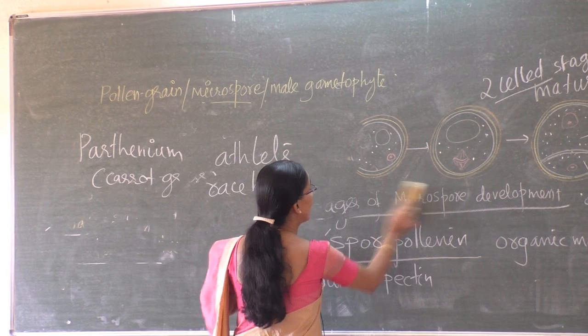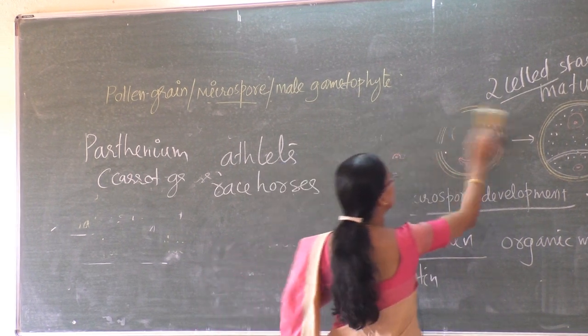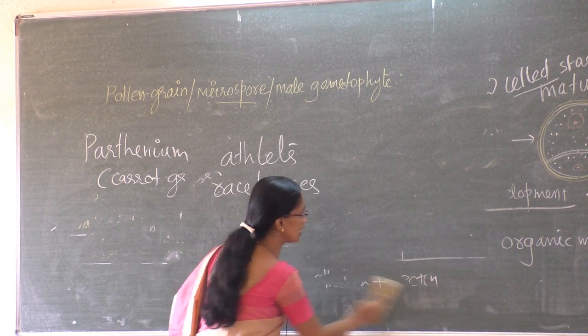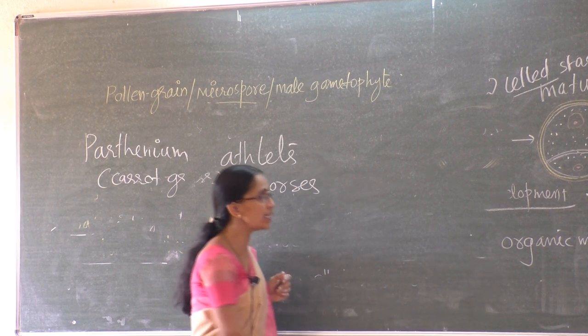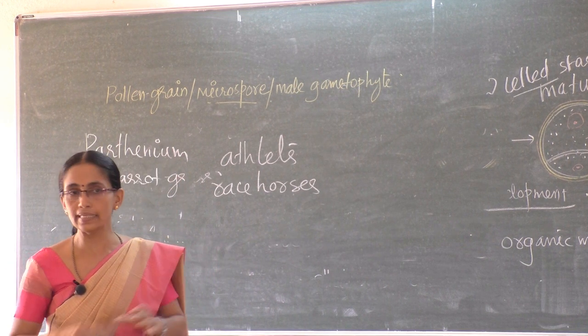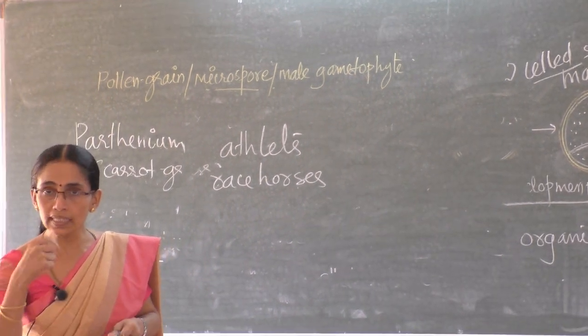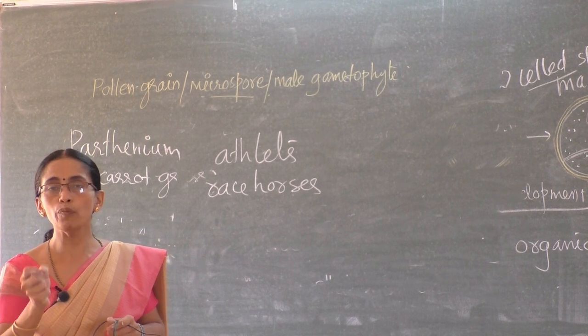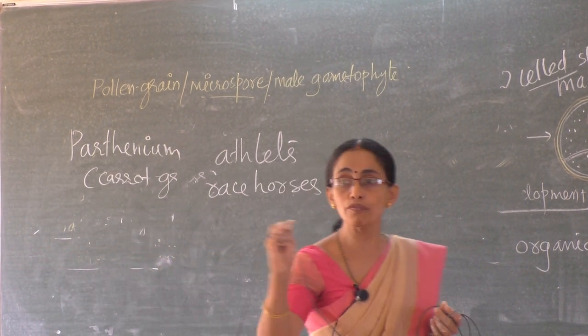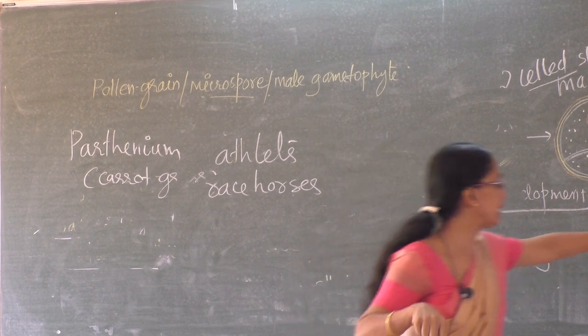Next is viability in pollen grains. We already discussed that pollen grains in few plants are released at the two-celled stage, in others at the three-celled stage. What is viability? After the release from the anther, how many days do they survive in nature? The lifetime of a pollen grain is viability.